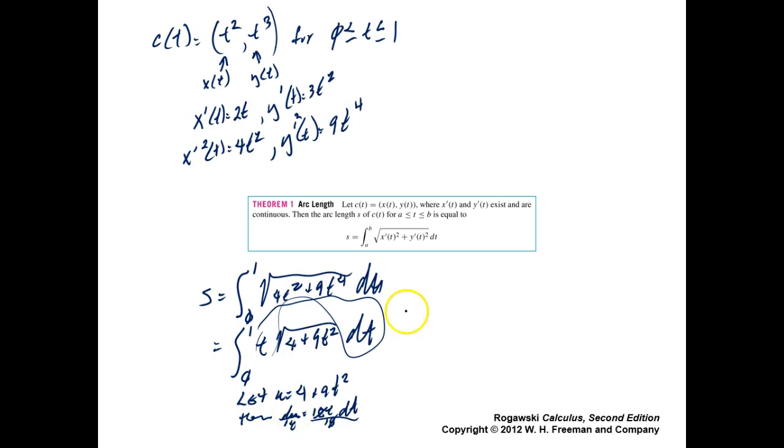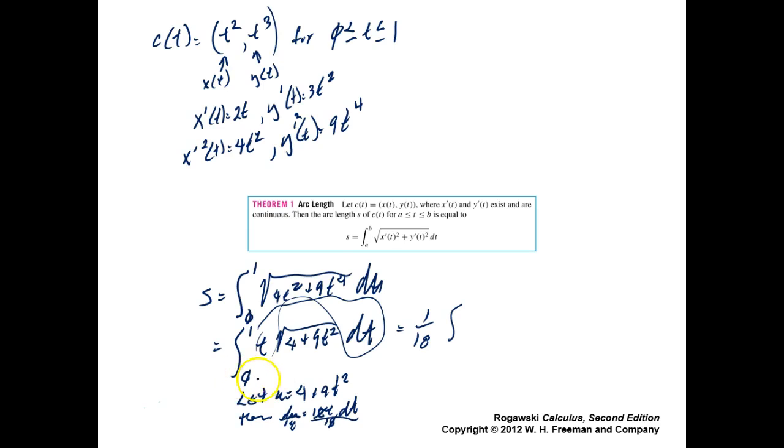Okay, so I'm going to pull my 1/18 outside. And your integral is going to run now from 0 to 1. Well, let's see. We let u equal 4 plus 9t squared. So since we're changing to u du, let's find out what our limits are.